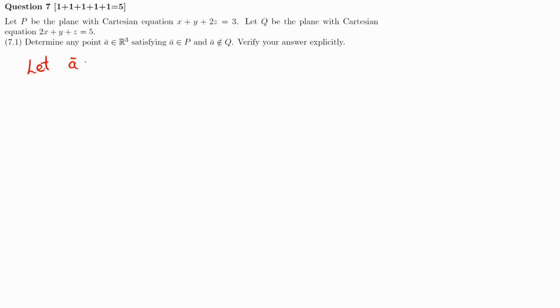Let A be equal to, let's say, 5, 0, 1. Let's see if it works.